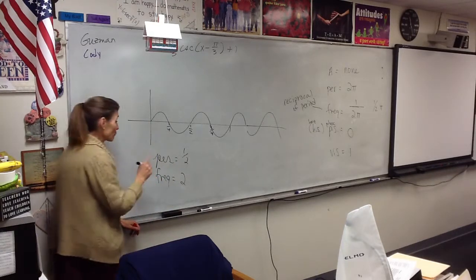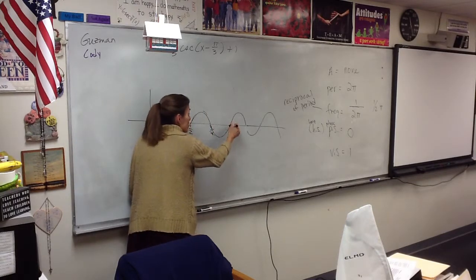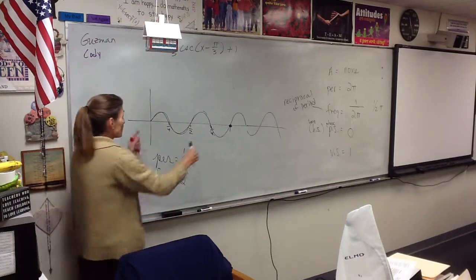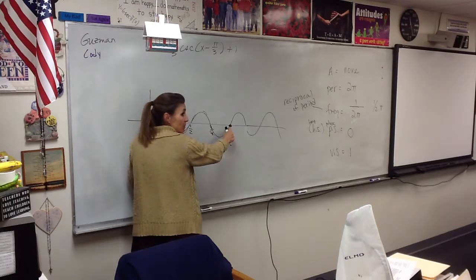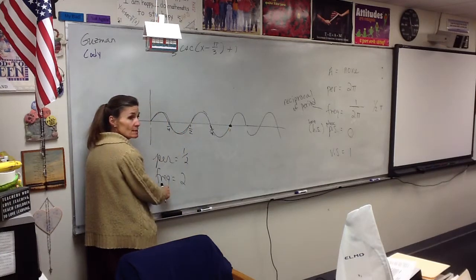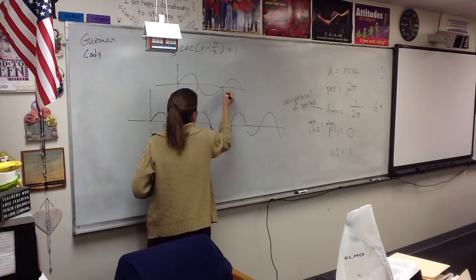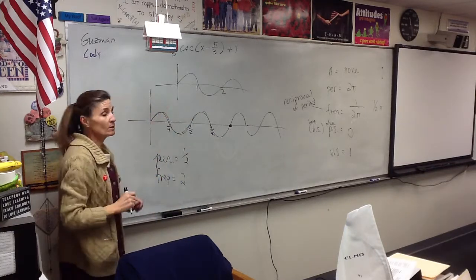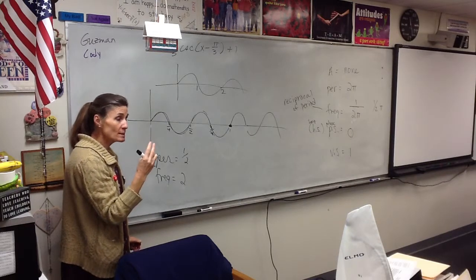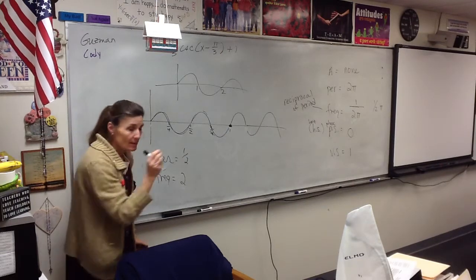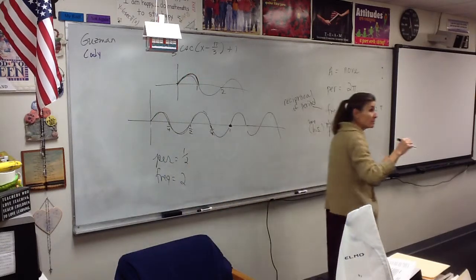And it is, because frequency is how many periods you get in an interval 1 unit long. So if I look at 1 unit of length, how many periods get accomplished? 2. That's the frequency. If you had a sine curve that looked like this, what's the period of that curve? 2. Its frequency is a half, because in 1 unit you only get half a period done.